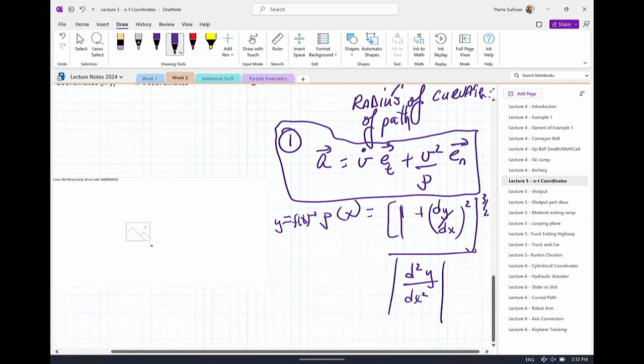Rho of x is equal to 1 plus dy/dx quantity squared, total quantity to the 3/2, divided by the magnitude of the second derivative of y with respect to x.